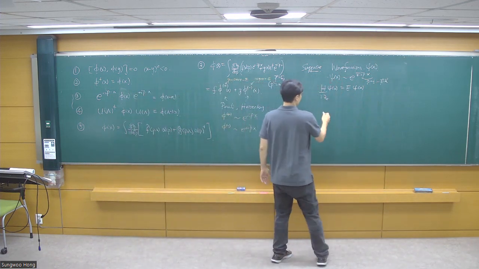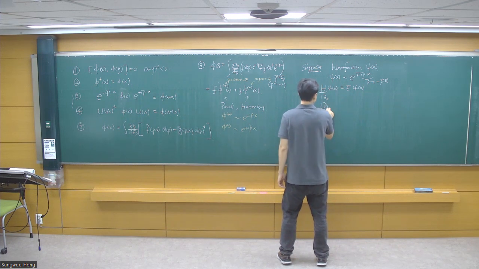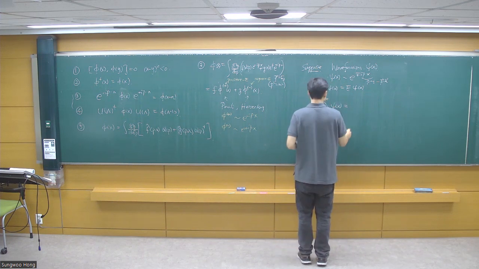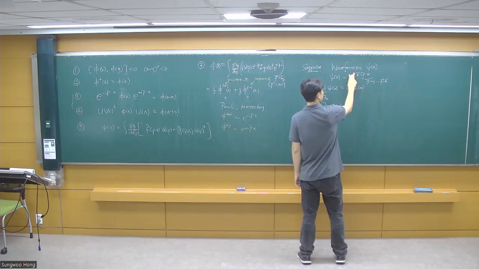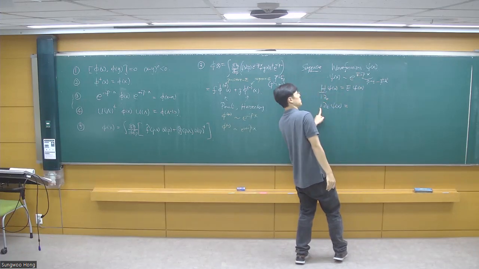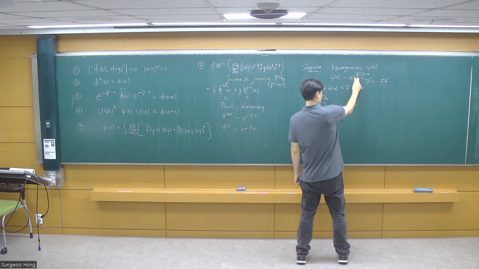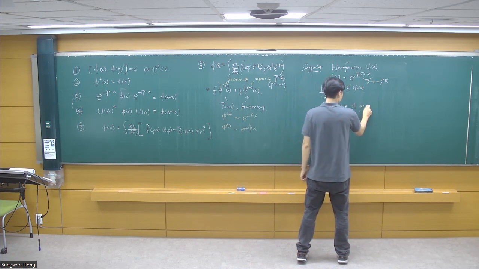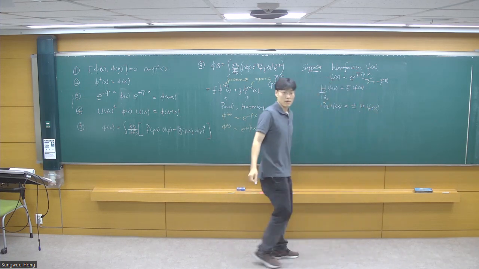So if you actually do it, for the minus sign, there's the i, which gives another minus sign, plus. And with the plus sign, minus p0. Right?